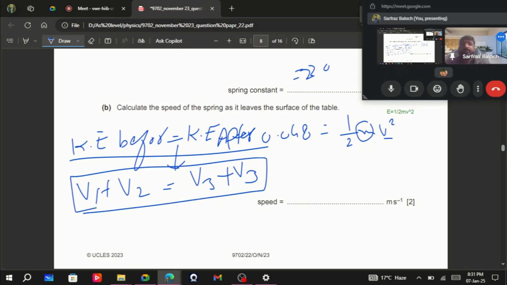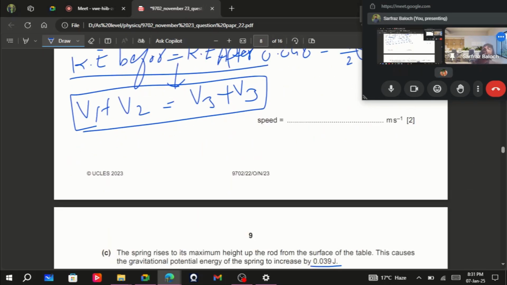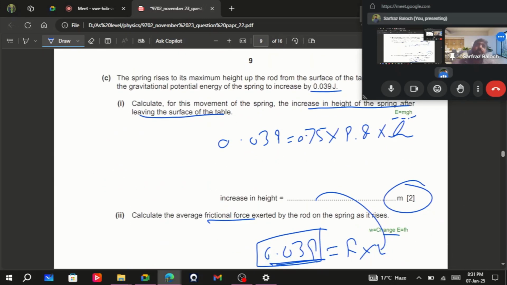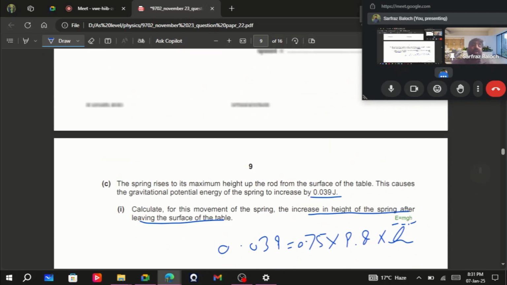Next, what about the principle of moments? Till now we have skipped this part. First, tell me what is a moment? What is the formula for moment?